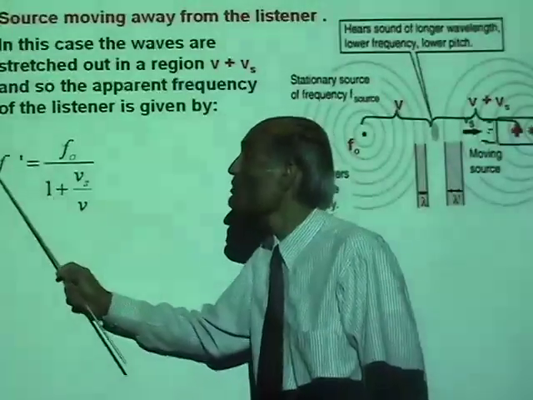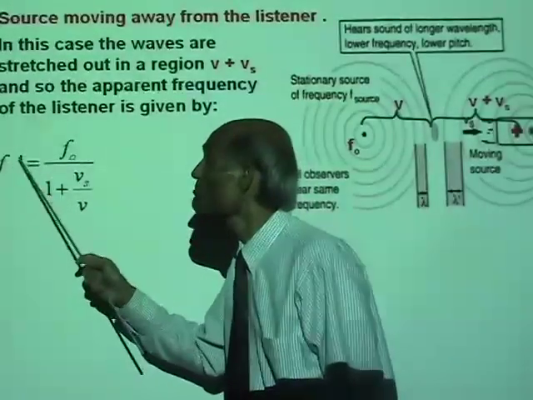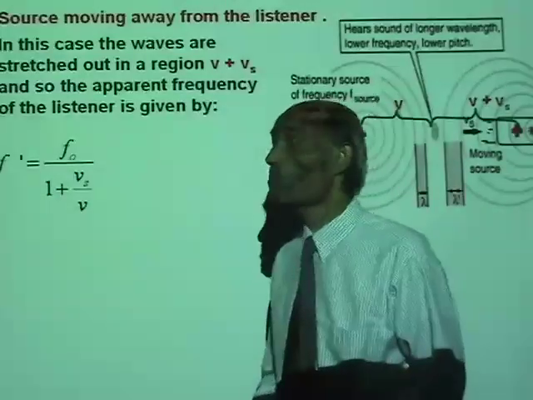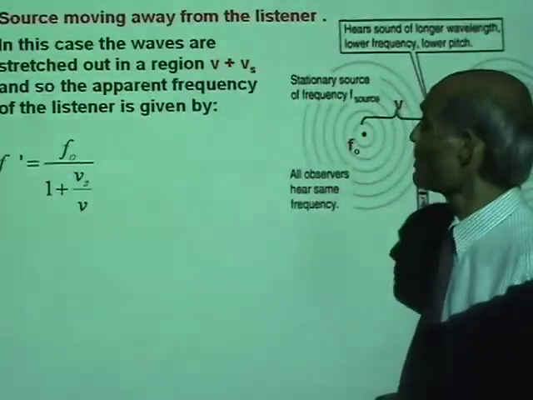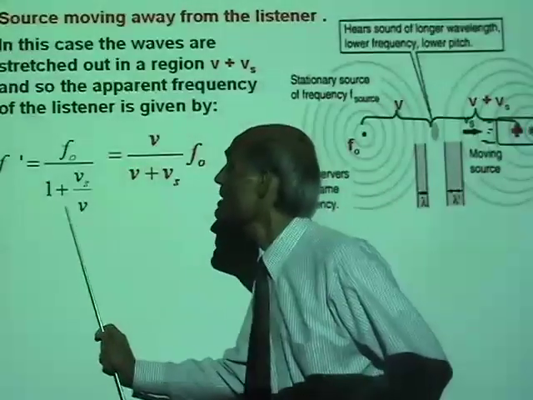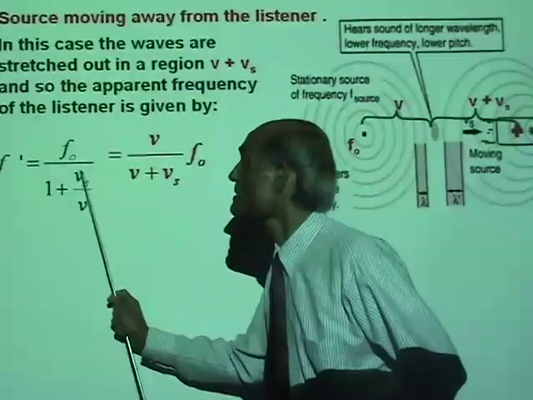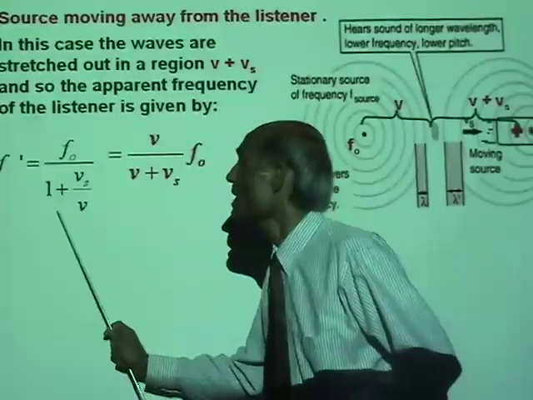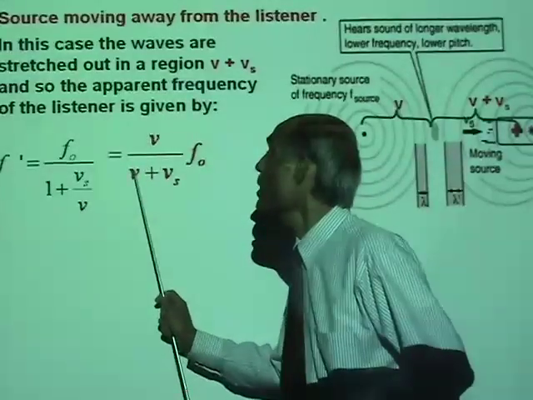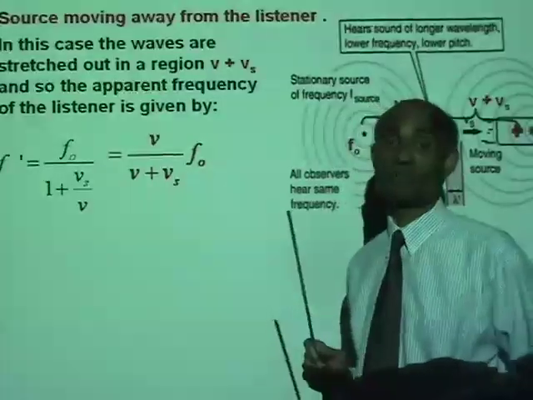The apparent frequency as is heard by the listener now will be f prime equal to f0 divided by 1 plus vs over v. That will be, again I can take v as the common denominator. This will become (v plus vs) over v, and the v will go up. It will become v over (v plus vs) times f0.